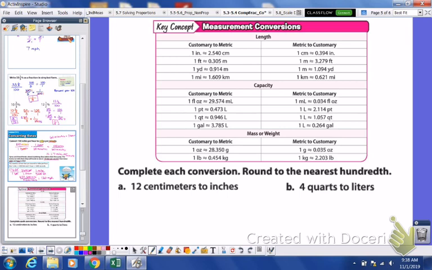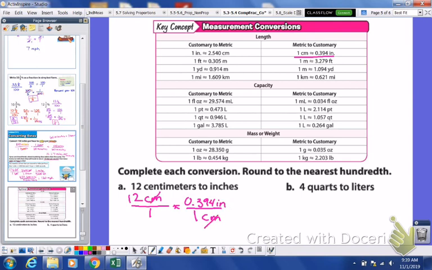Always start with what you're given. So 12 centimeters over 1 times, if I look up here, centimeters to inches. So centimeters is metric. So we're going to look here. 1 centimeter, move to my denominator so that they cancel, is the same as 0.394 inches.